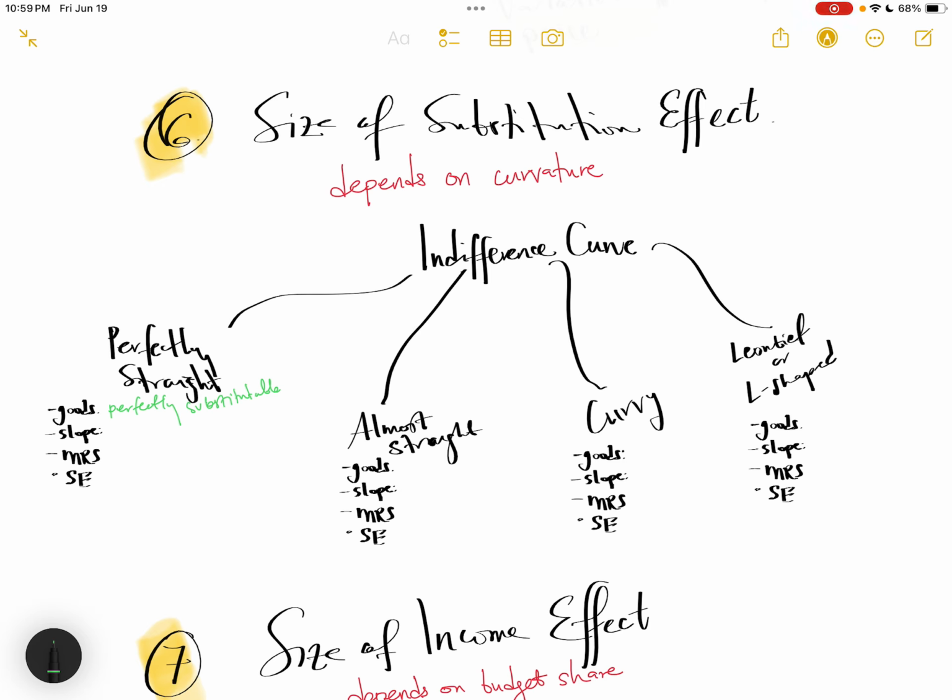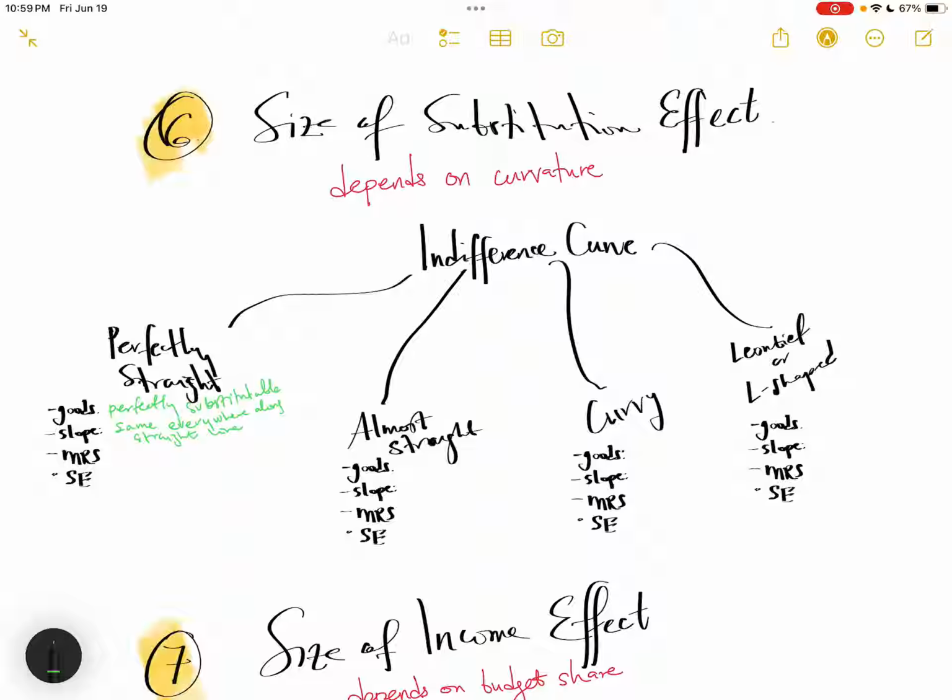The slope of a perfectly straight indifference curve is the same everywhere along the line.